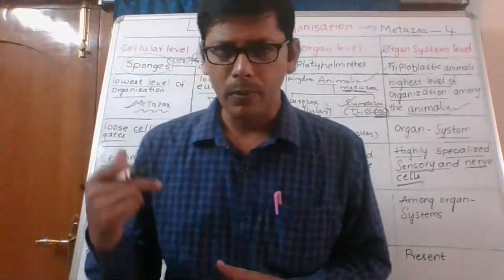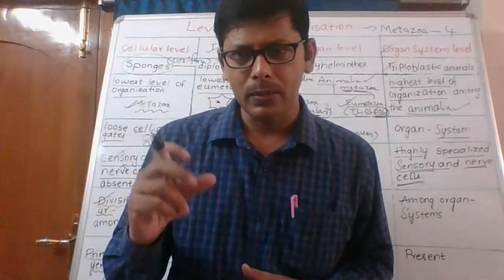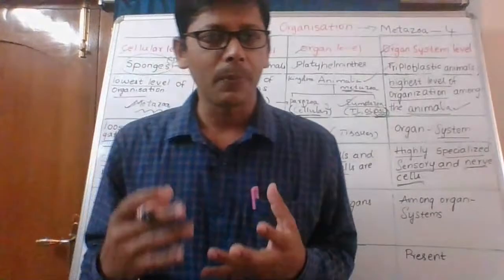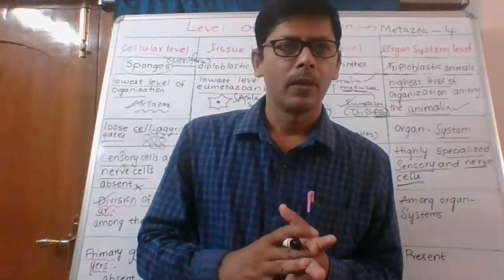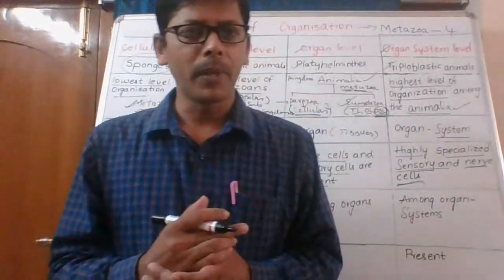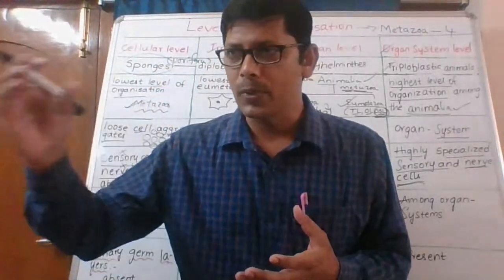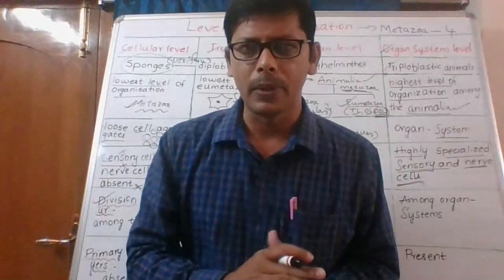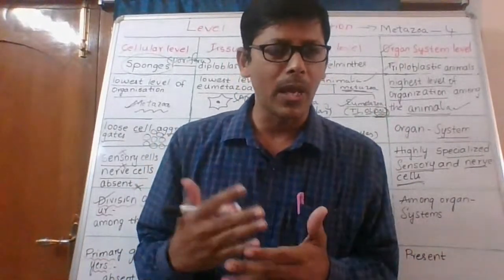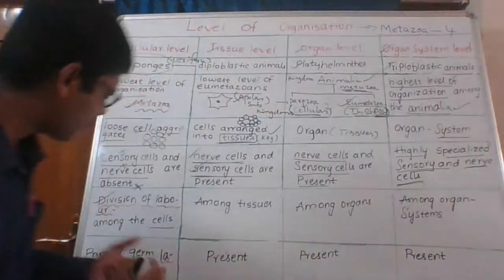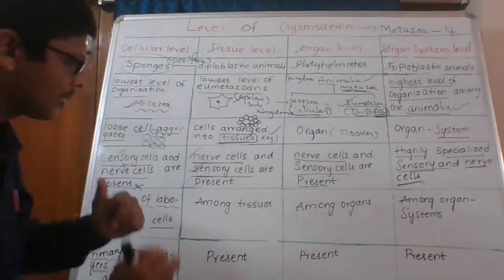Choanocytes are also called collar cells, which help in intracellular digestion. Thesocytes store food. Amoebocytes are the totipotent cells. Porocytes allow water to enter into the body. Like that, there is a division of labor among the cells; each cell is doing a different function.